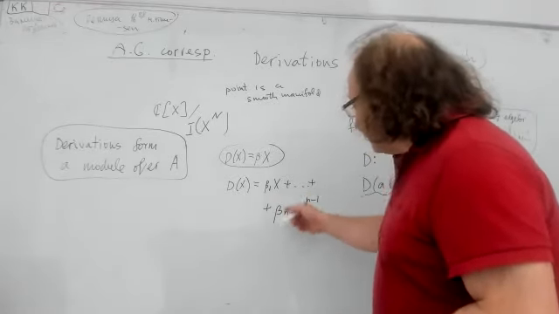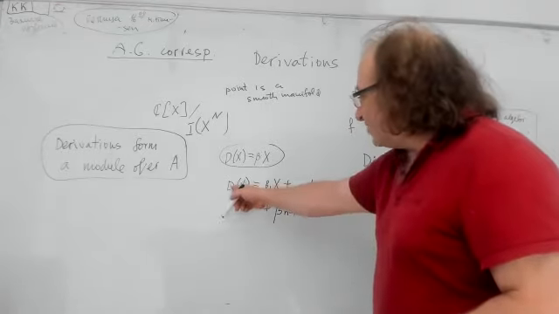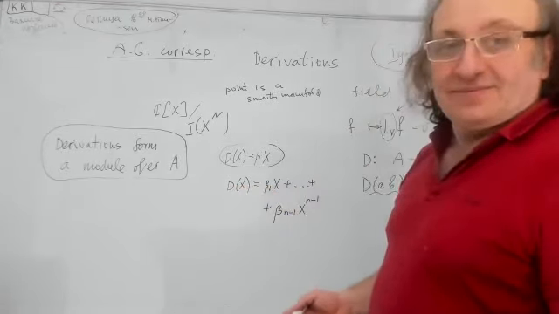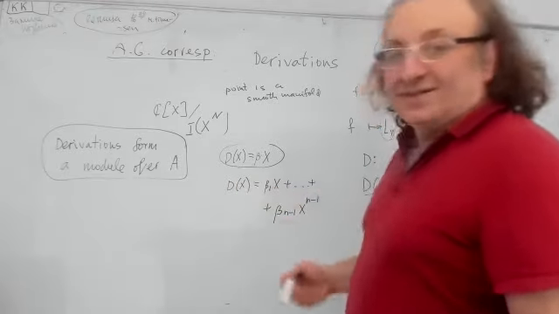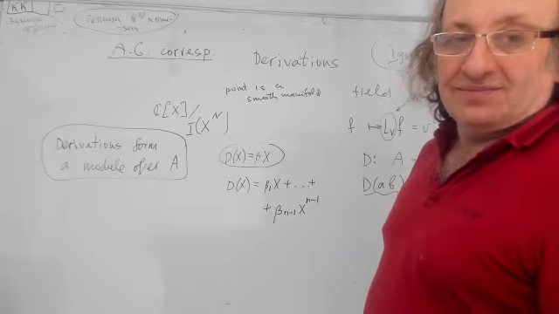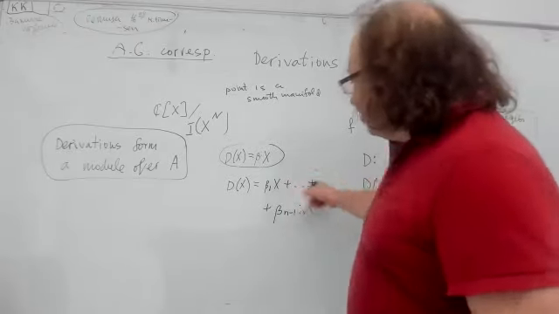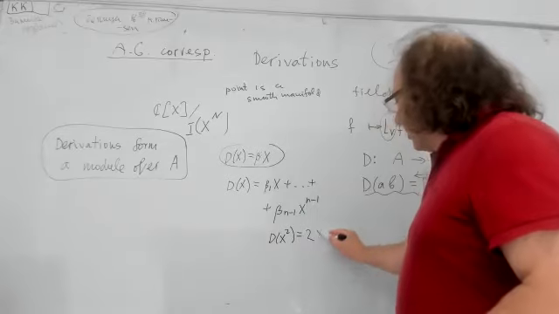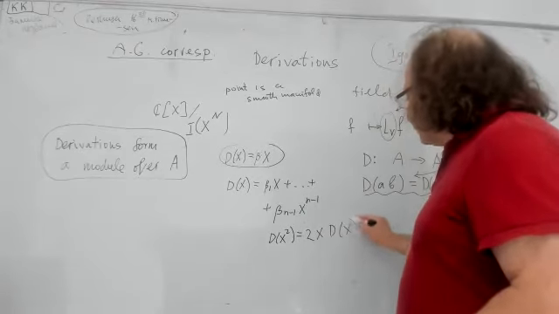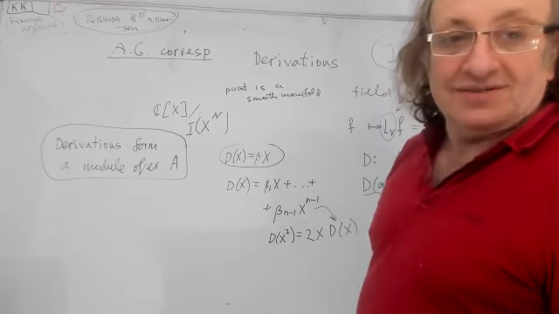When I know d on x, I know d on anything. Because if d of x is this, then d of x squared is 2x d of x, and then I plug this thing here.